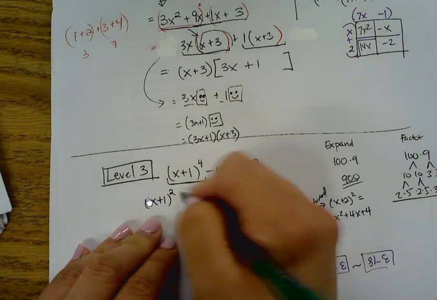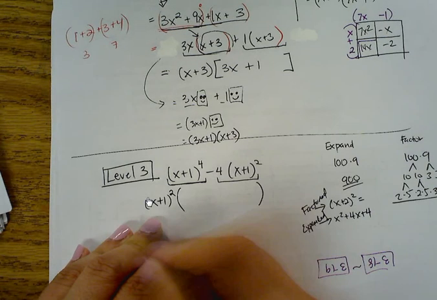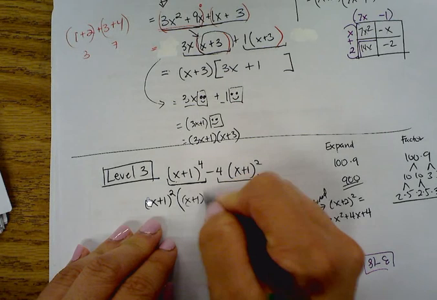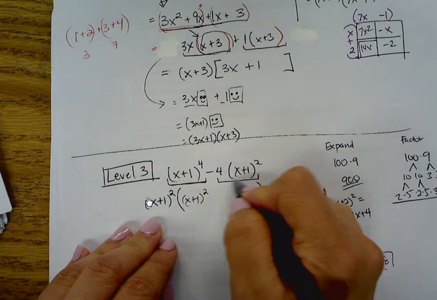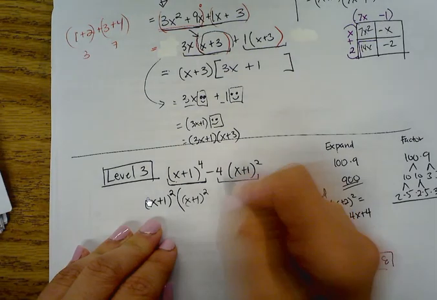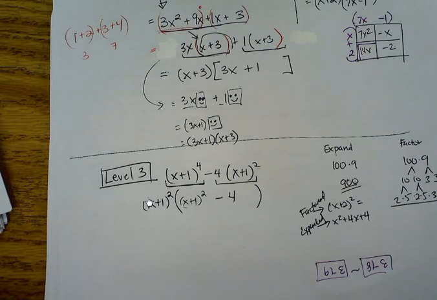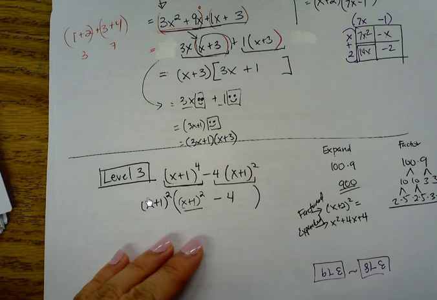Okay, so if I take out 2 powers of x plus 1, how many powers of x plus 1 are left? 2. If I take out 2 powers of x plus 1 from here, what's left? Minus 4. Yeah? A lot of people stopped right there. And then they lost a point. A lot of people started to expand this. They still lost a point. Okay?